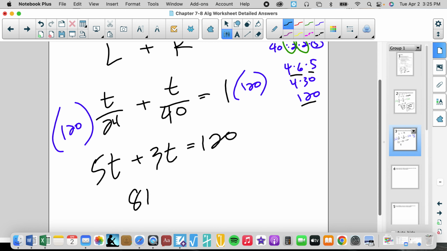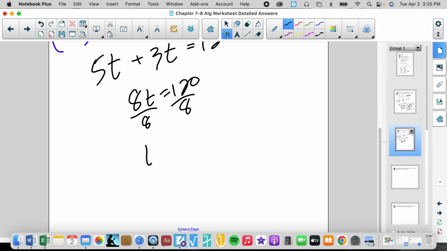That gives me 8t equals 120. Divided by 8, we get t equals 15. So it's going to take them 15 minutes together.